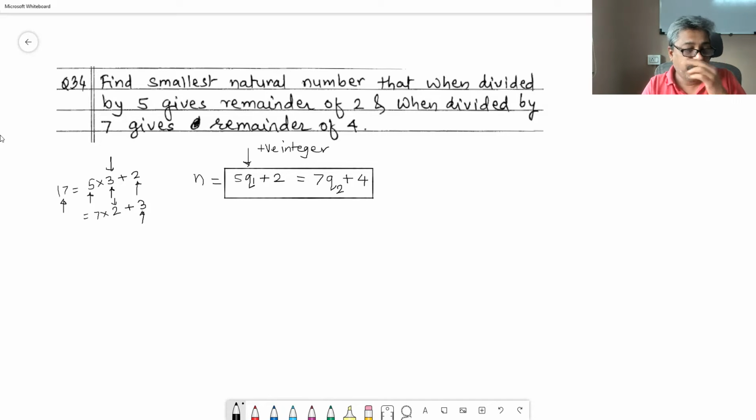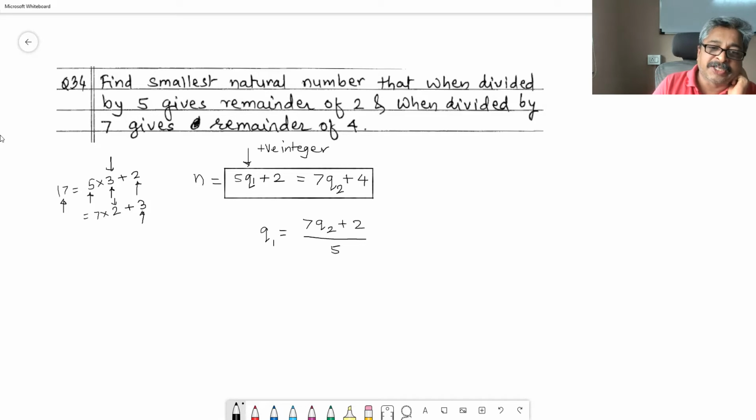Therefore, what we should do is either express Q1 in terms of Q2. So what will it be? This 2 goes this side, so it will be Q1 = (7Q2 plus 2) divided by 5. Or you should express Q2 in terms of Q1. Both should be fine. But now I have expressed Q1 in terms of Q2. Q1 is an integer.